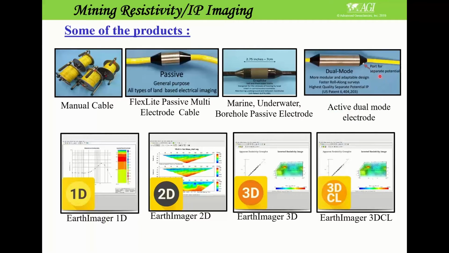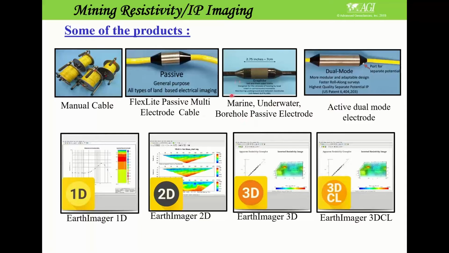And because this dual mode has two outputs. One is the current output, another is here on the right side. You can see there's a small port. It will measure directly the voltage from two non-polarized electrodes. So this typically can be used for a multi-electrode system, active mode or a passive electrode system.